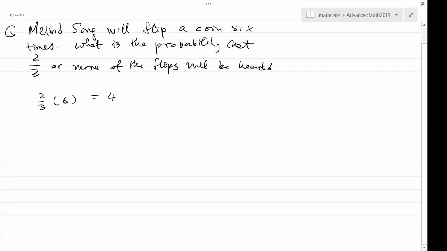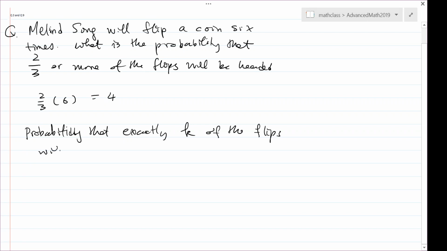As long as you know how to solve a problem like that, you add them together and you get the answer. So we want to find the probability that exactly K of the flips will be heads, where K could be 2, 3, or 5.